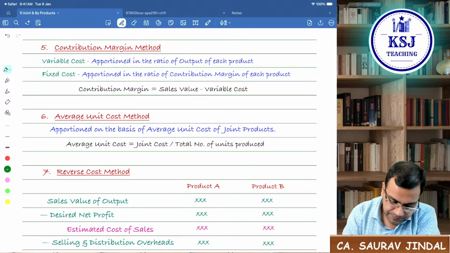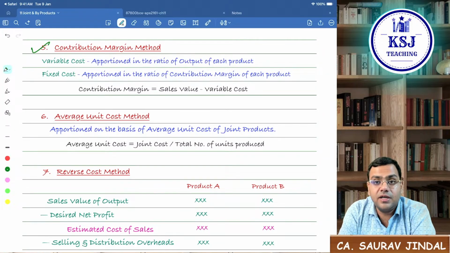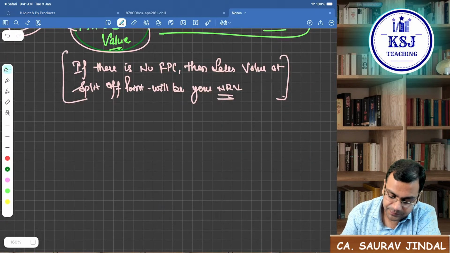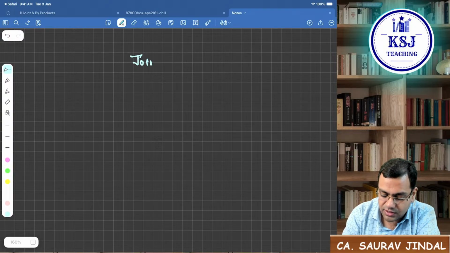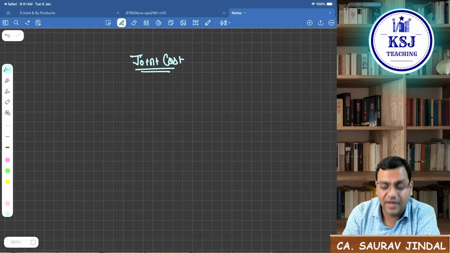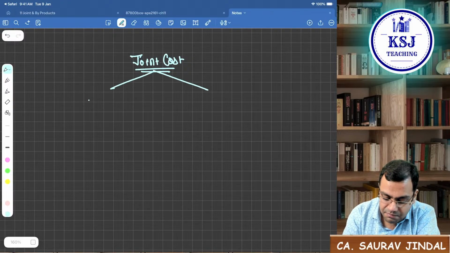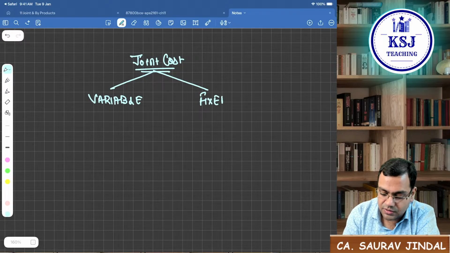Then the fifth one is the contribution margin method. Now, what is the contribution margin method? In this method, whatever total joint cost is being incurred is to be divided into two parts. Some part of that cost will be variable, and some part of that will be fixed cost.